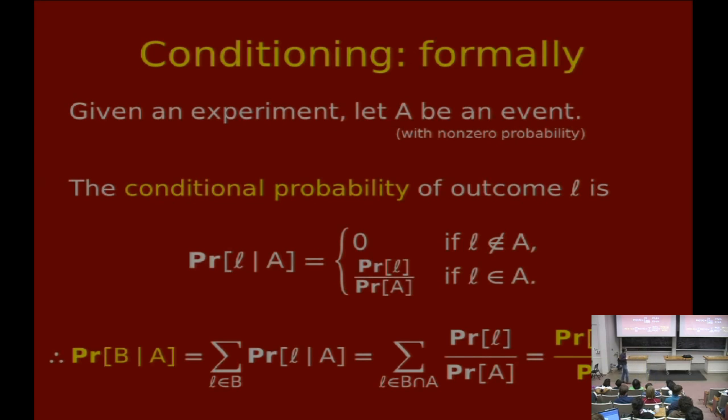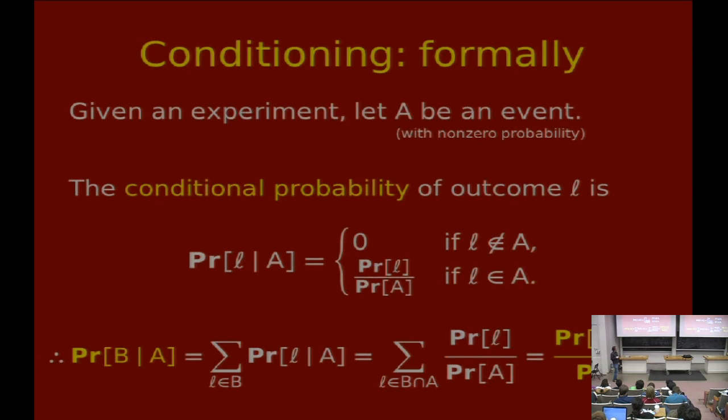Okay, and so therefore the probability of, now you can define probability of events, like of an event B, that would be the sum over all outcomes L in B of the probability of that outcome conditioned on A. And now some of these terms are 0. The ones that are not in A are 0.